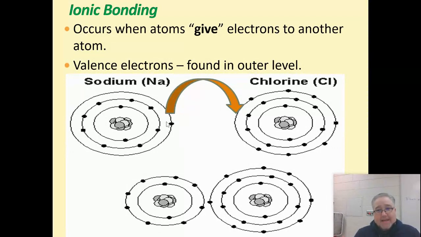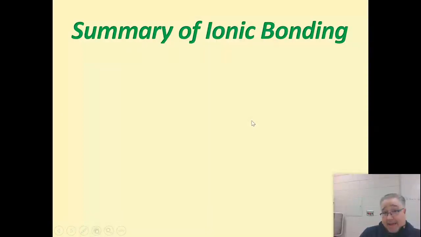I mean, they are like in love with each other, because sodium wants to get rid of that electron, and chlorine wants to gain it. By doing that, they form this nice little bond together called an ionic bond. That's what ionic bonding is all about. It's all about transferring electrons so that atoms can be healthy.